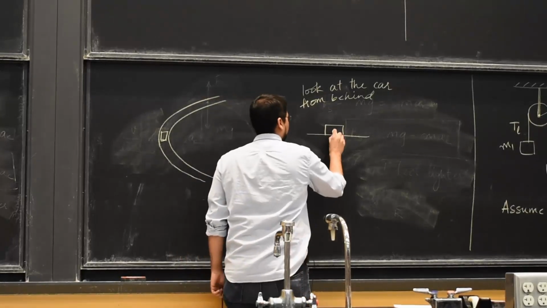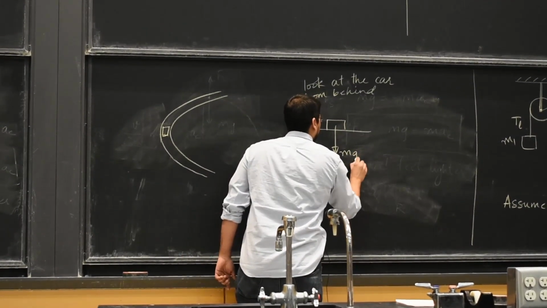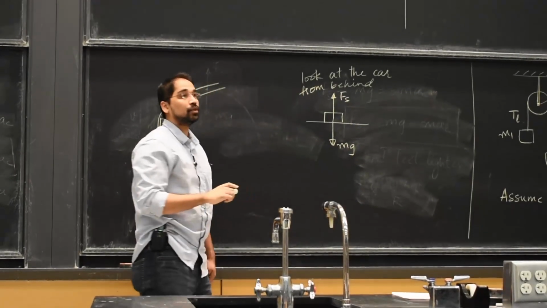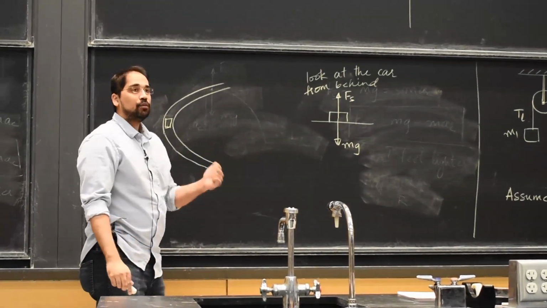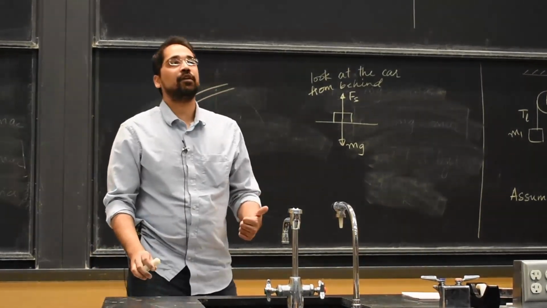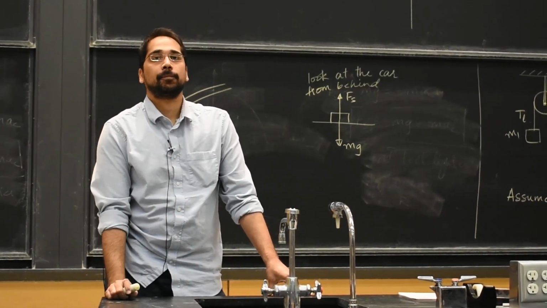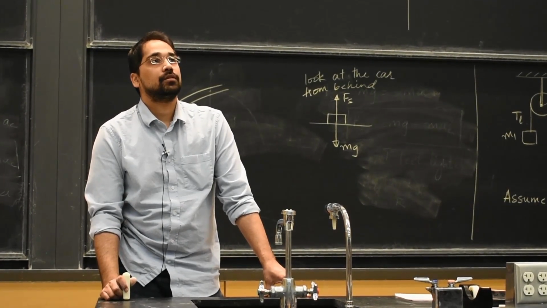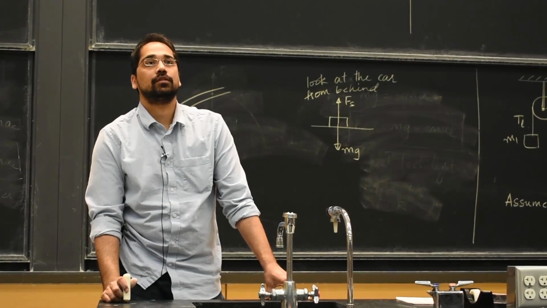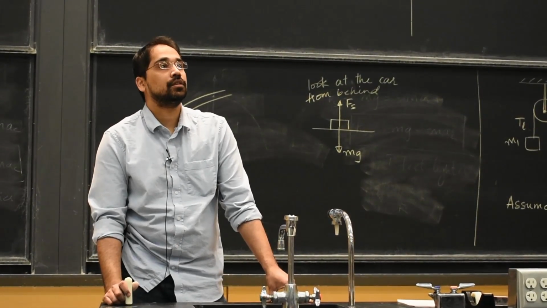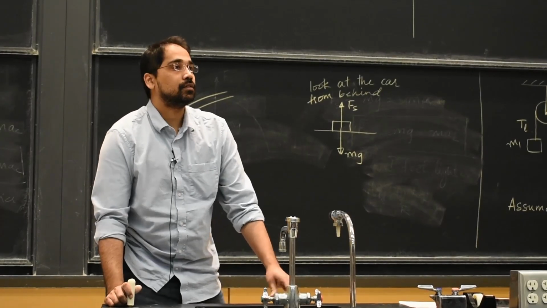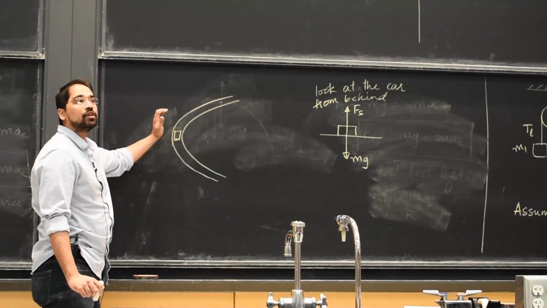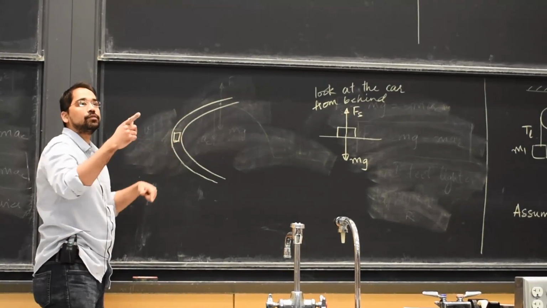Gravity points downwards, and to counteract it and keep me on the road, the normal force points upwards from the road. How should centripetal acceleration look if I want to take this turn? Where would it point?